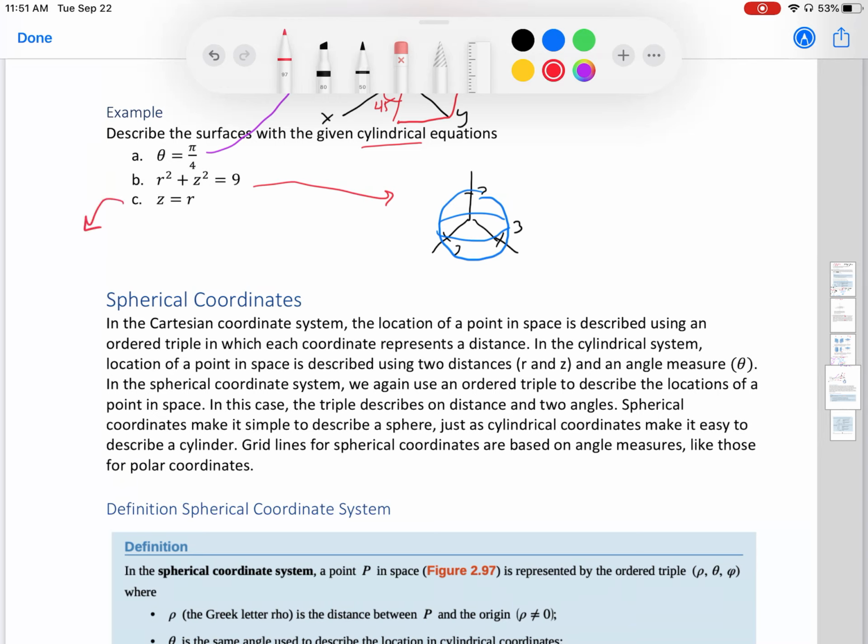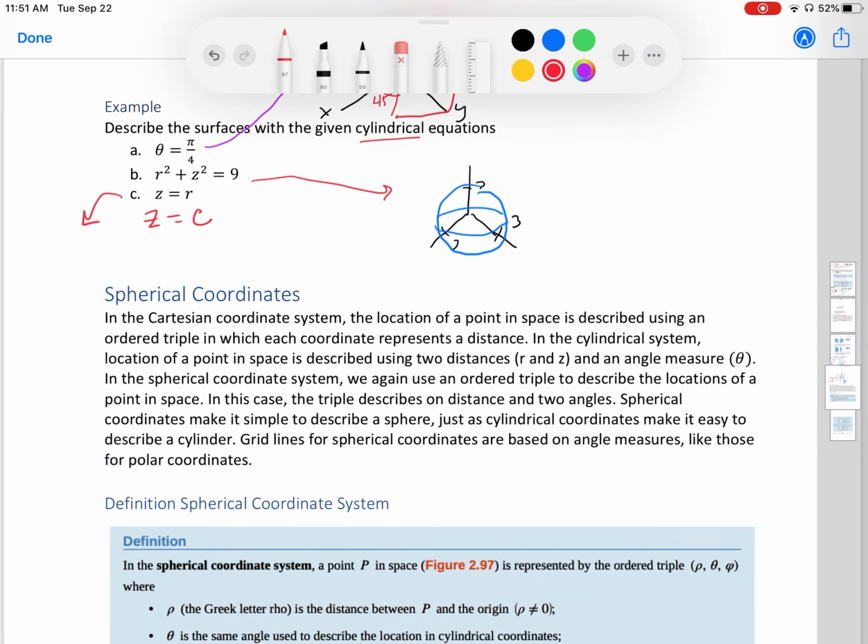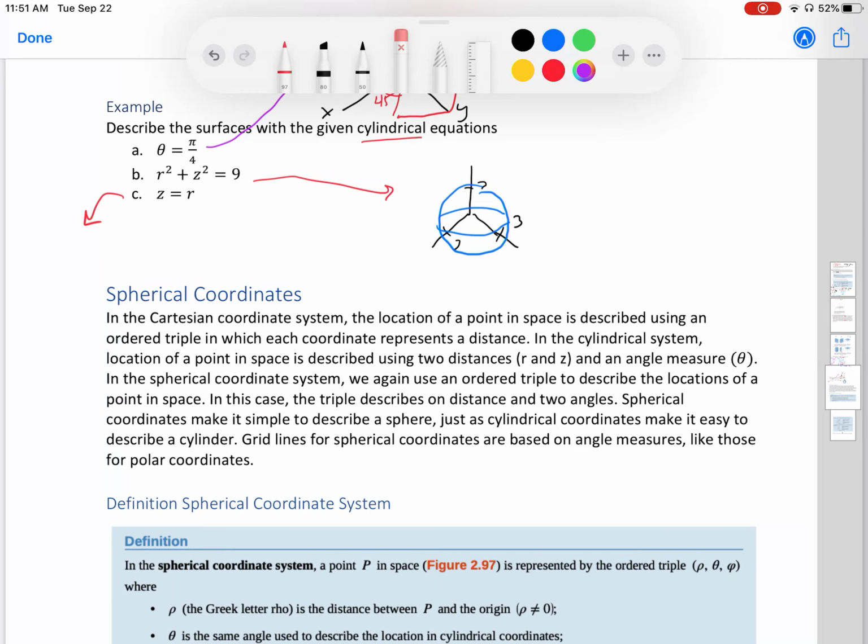All right, and at C, now this is tricky. When I first read this, I read this as z equals a constant. It's not a constant. It's specifically telling us the value r. Now, when this happens, we're given a z that is the same as r. So, for example, z is 3, and r is 3. What this ends up giving us is something like a cone.